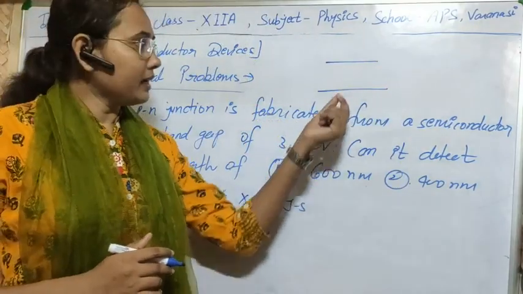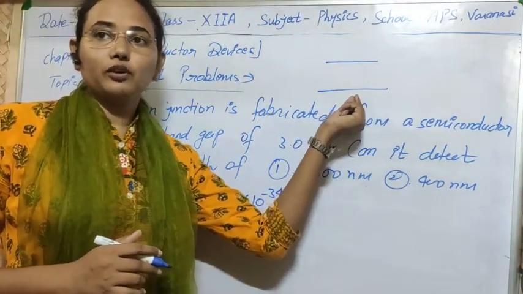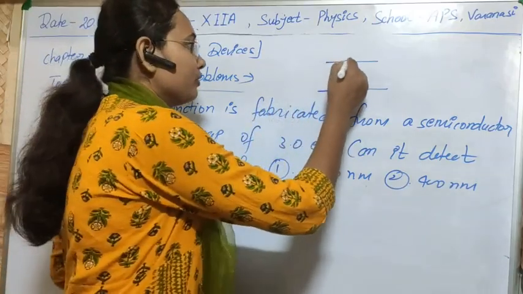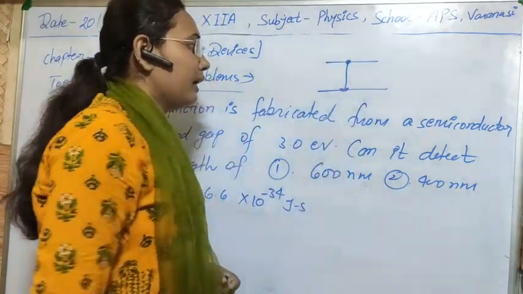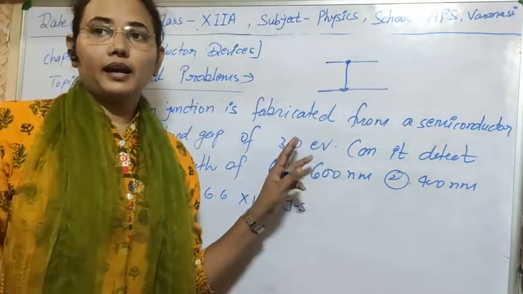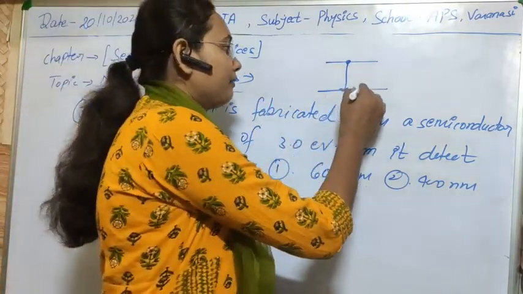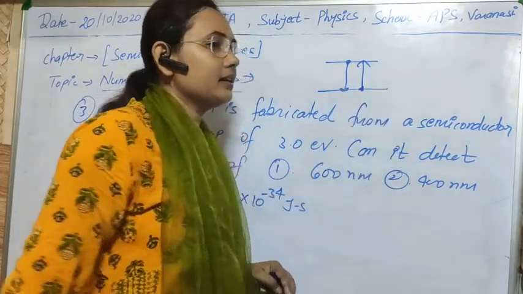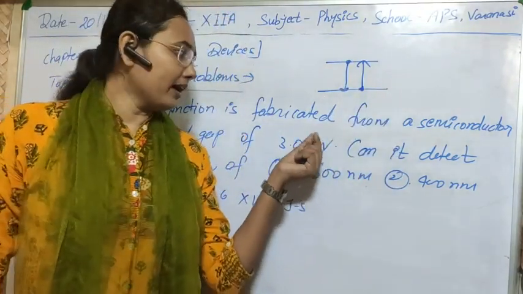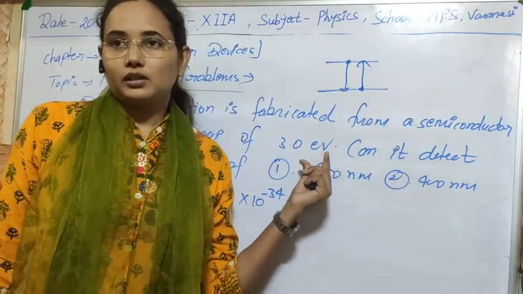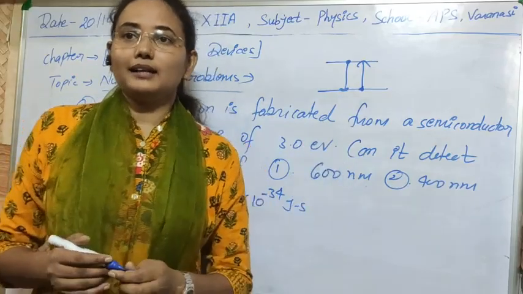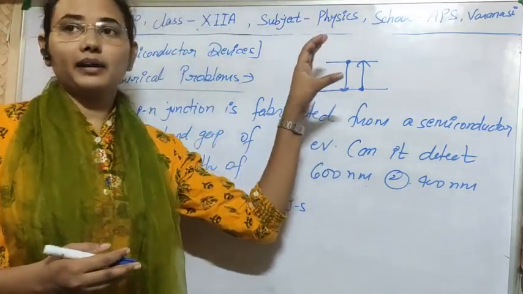If an electron jumps from higher to lower, it will emit energy of 3 electron volt. Or simply, if an electron has to go to an excited state, the minimum energy it requires is 3 electron volt. That energy is also known as the band gap energy.